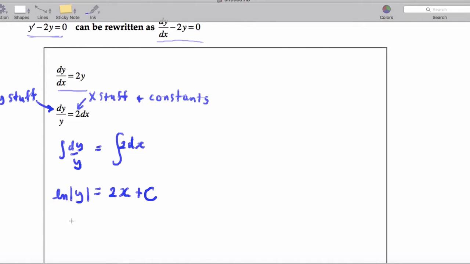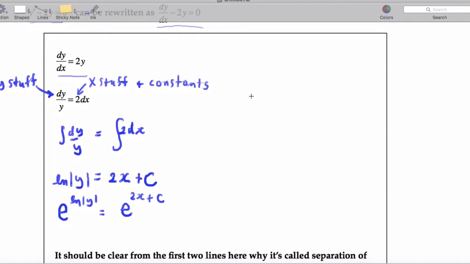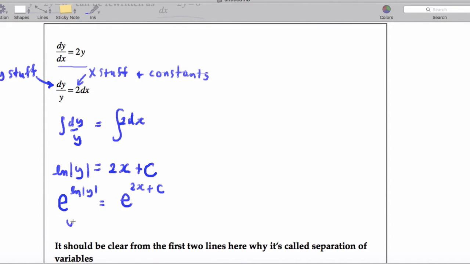Okay. Next, we're going to exponentiate both sides. So e to the natural log of y equals e to the 2x plus c. Okay. So that means, as we rearrange, that's going to be y equals, and I'm going to split this up into e to the c times e to the 2x. Now that's just a terrible name for a constant, e to the c.